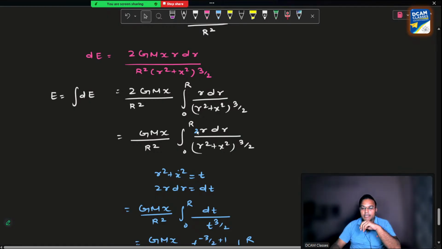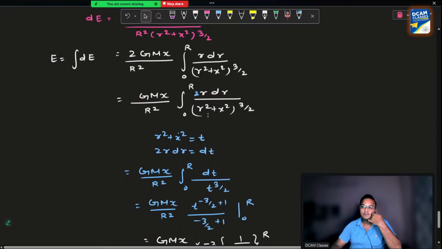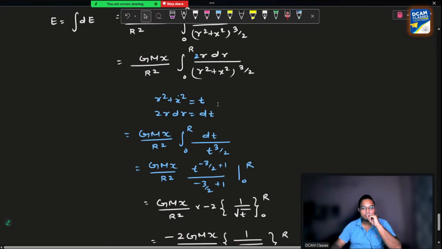Now, to integrate this is the trickier part. This you must not have seen in your life by now. It will come in class 12th. There is no general formula for this integration that is given to you, so you assume things. Like I have done R square plus x square is equal to t, and that becomes this.